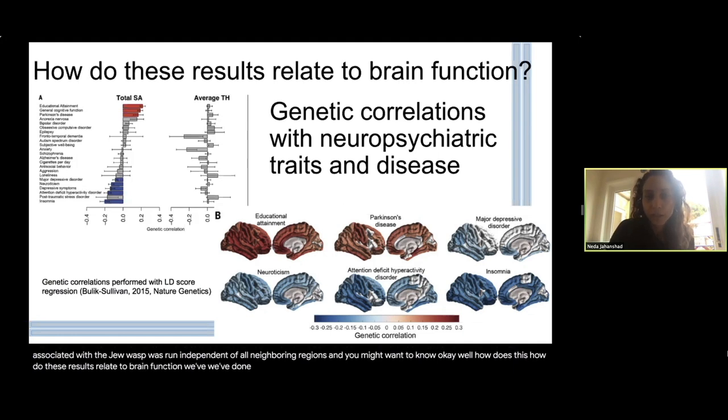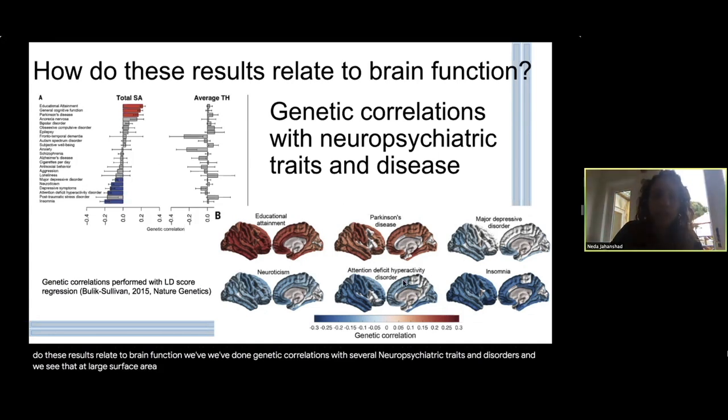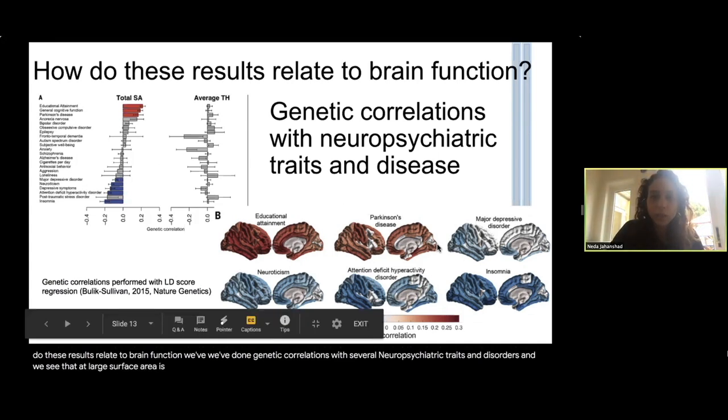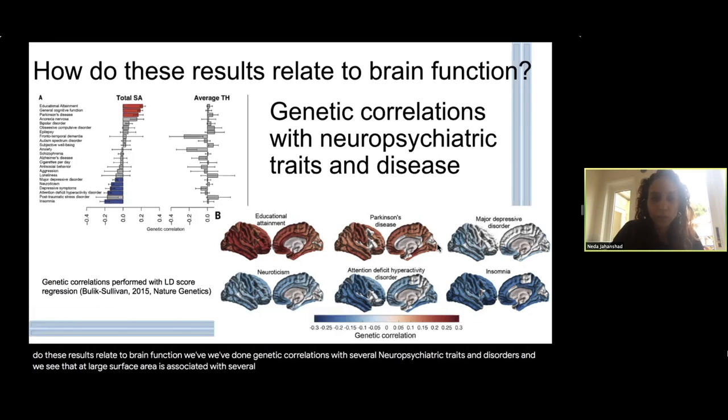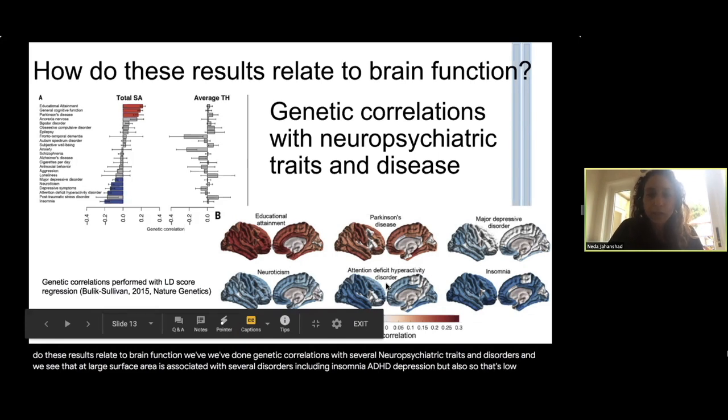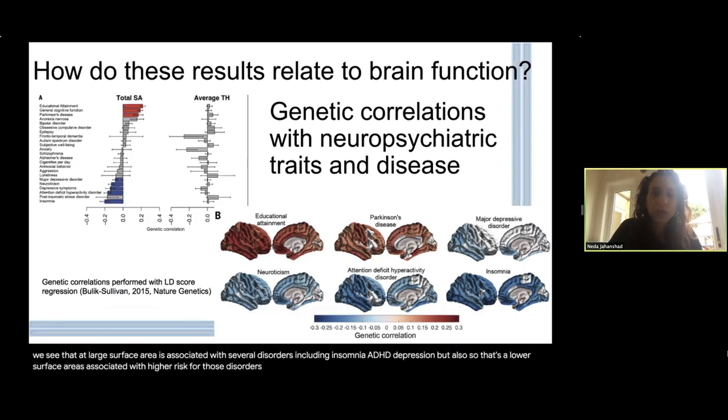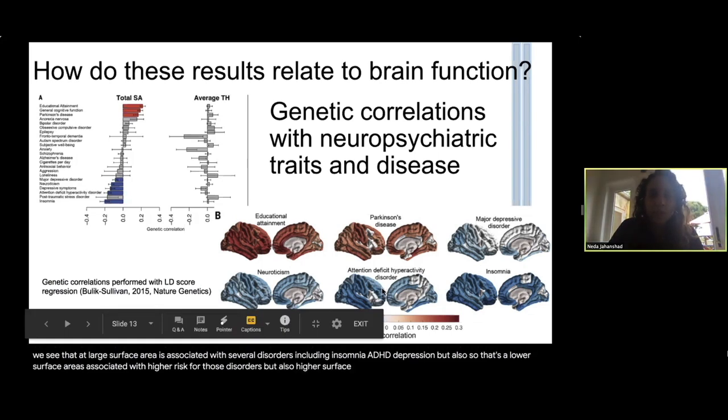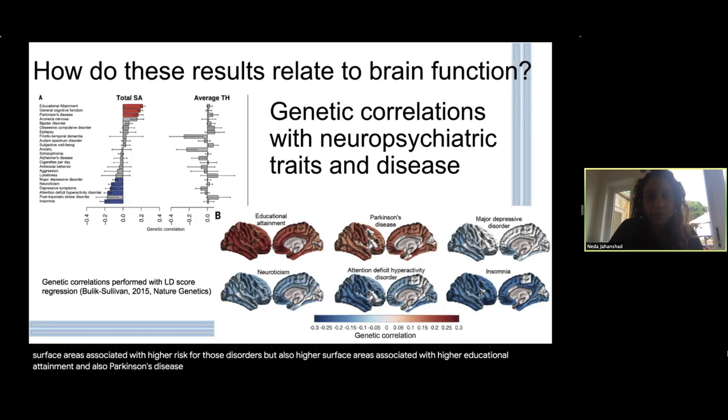We've done genetic correlations with several neuropsychiatric traits and disorders, and we see that, at large, lower surface area is associated with higher risk for several disorders, including insomnia, ADHD, and depression, but also higher surface area is associated with higher educational attainment and also Parkinson's disease.